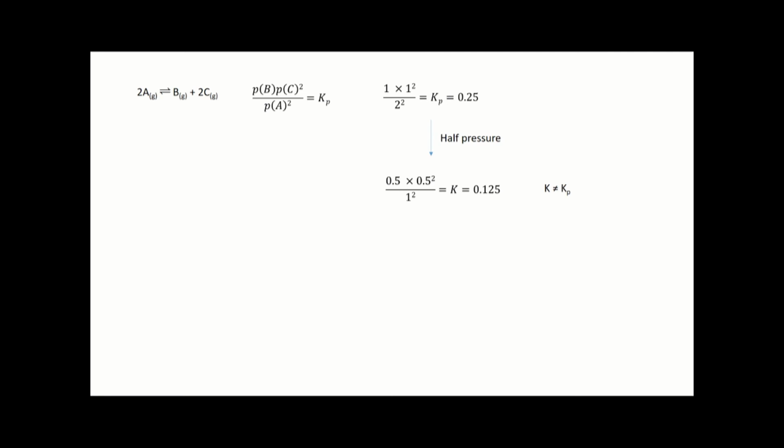We will shift from 0.125 to 0.25, and therefore we're going to shift this equilibrium to the right, which is what you would expect if you look at the equation, because we have more gaseous molecules on the right. So A is converted into B and C, and you can see I've raised the pressure of B and C, and the partial pressure of A has gone down to give us Kp again.